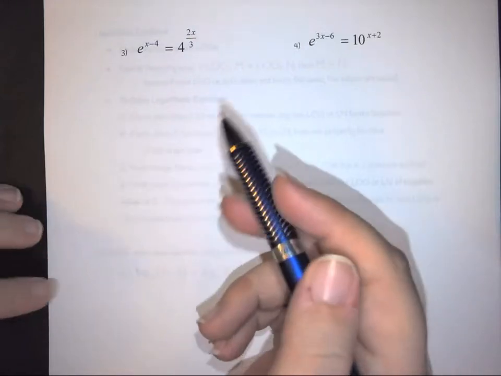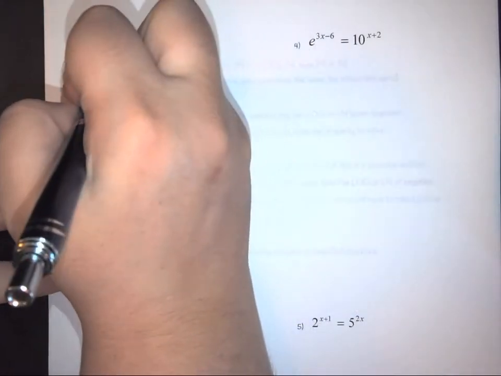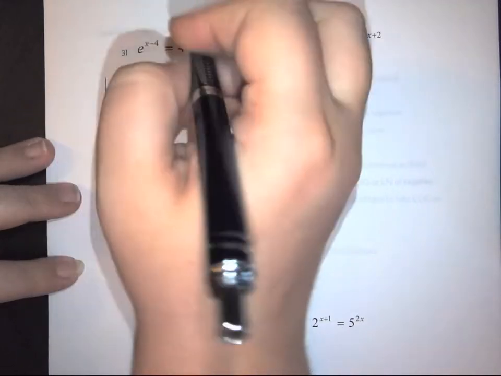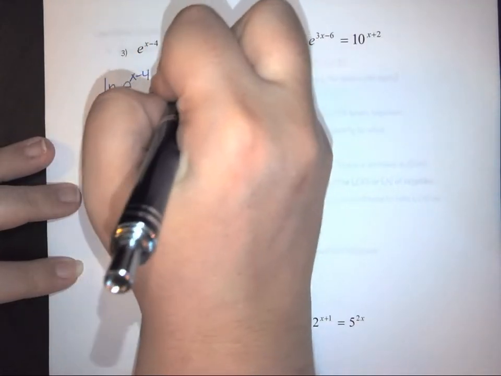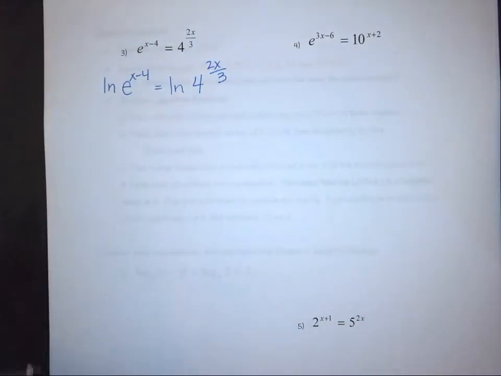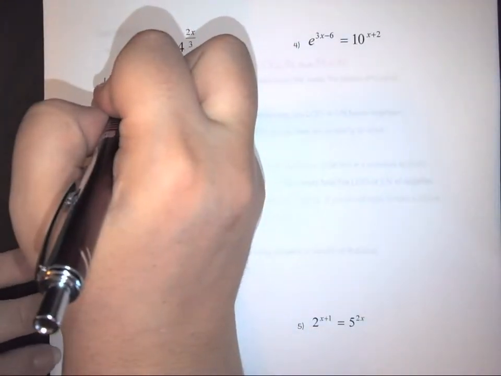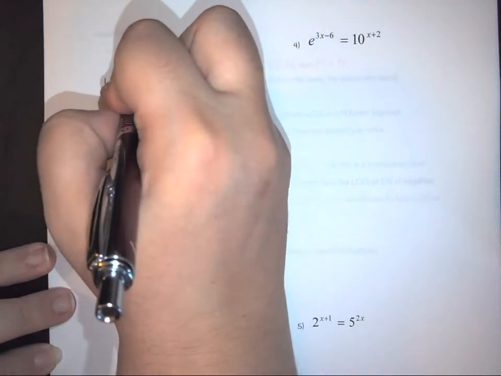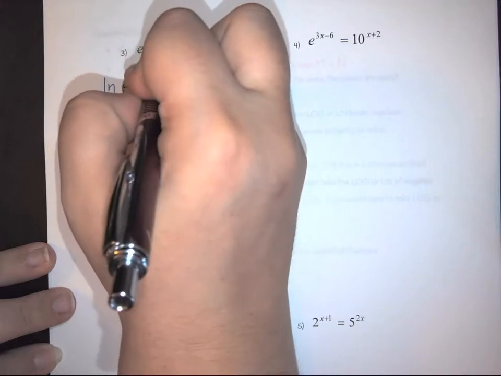So in order to do that, I have to take the natural log of both sides, equals the natural log of 4 to the 2x over 3. And then this part right here is a power.